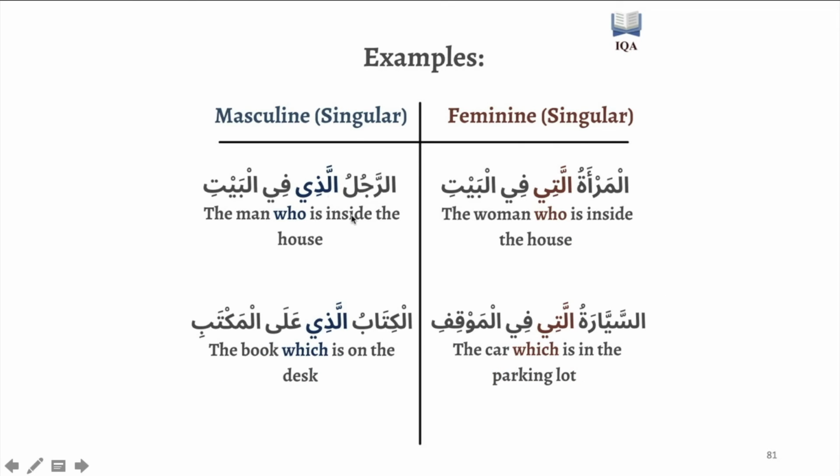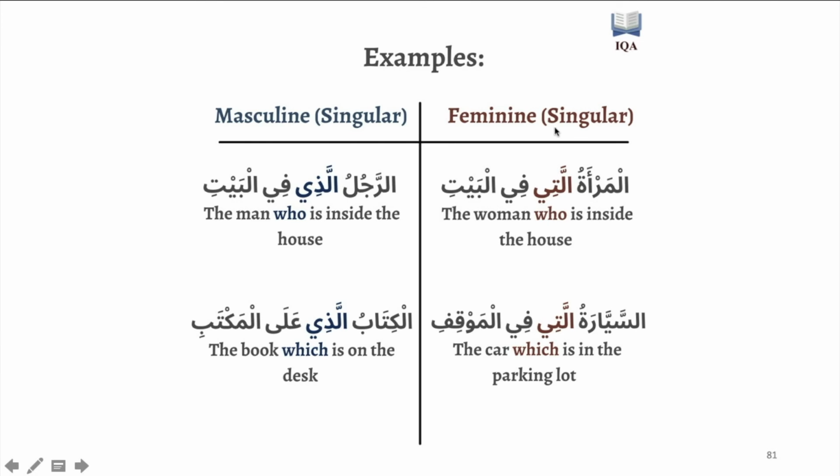Examples for the masculine singular and the feminine singular are as follows. Masculine singular: al-rajulu alladhi fil bayt, the man who is inside the house. Because al-rajul is masculine and singular, I'm going to use alladhi instead of allati and instead of alladhina. Al-kitab alladhi ala al-maktab: alladhi is referring to an irrational thing, which is kitab, so I'm going to translate it as which, the book which is on the desk.